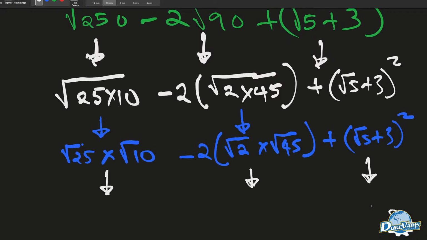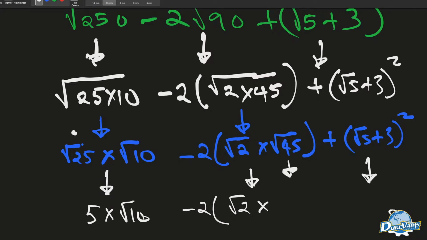We know that surd of 25 is the square root of 5 squared, so that will be 5 multiplying surd of 10. We have minus 2 out here, surd of 2 is in there, and I can break surd of 45 as surd of 9 times 5, all surd carrying surd.